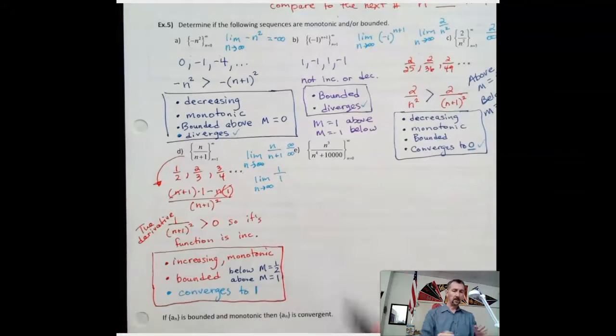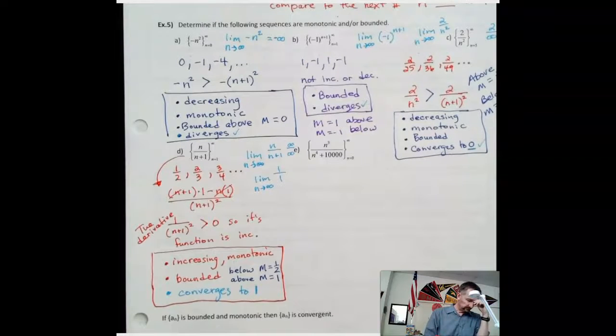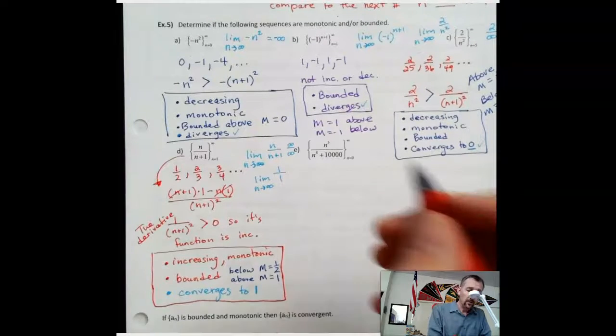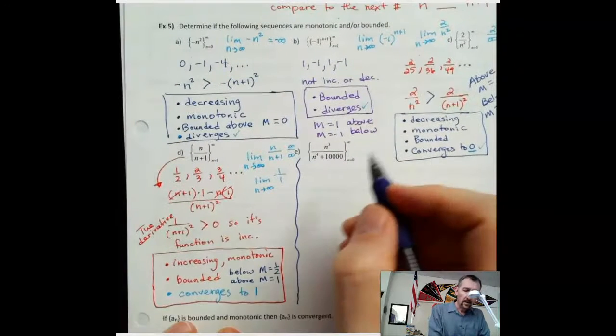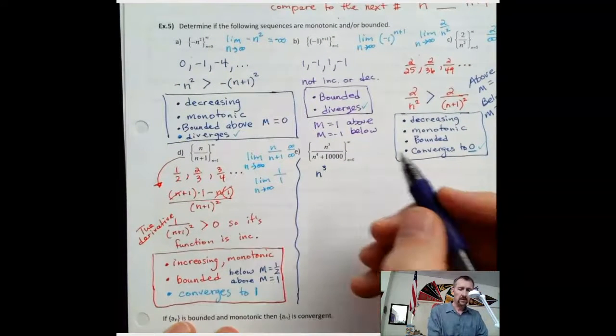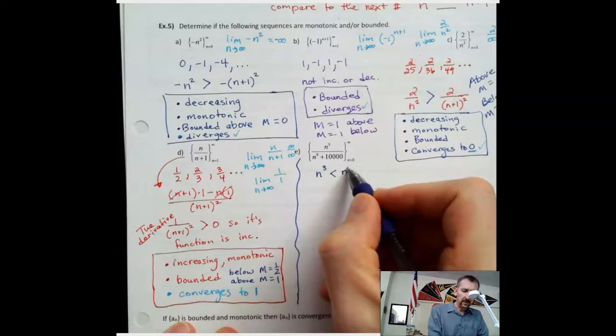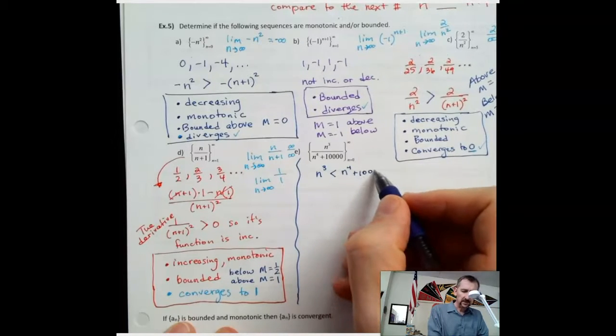Okay. Last one. Let's see. n cubed is always going to be less than n to the 4th plus 10,000.